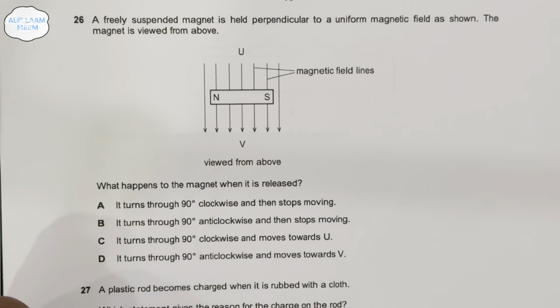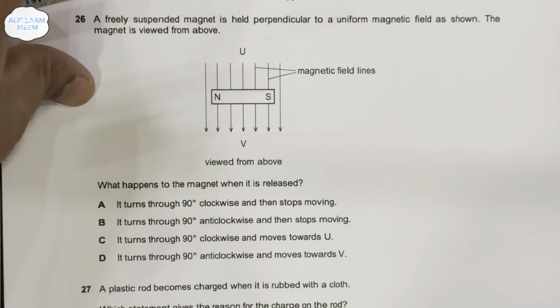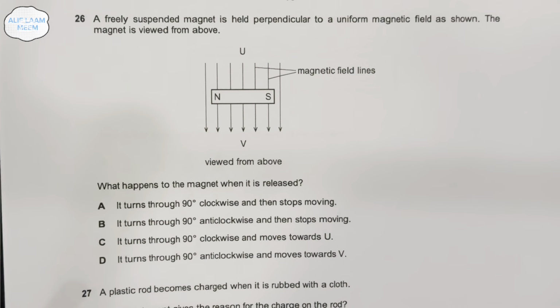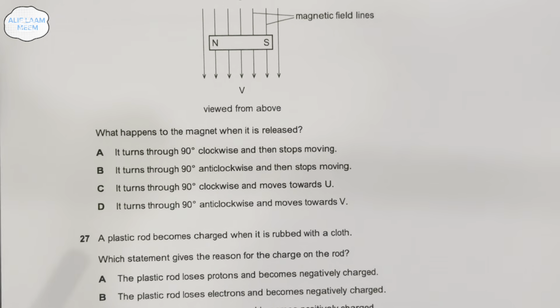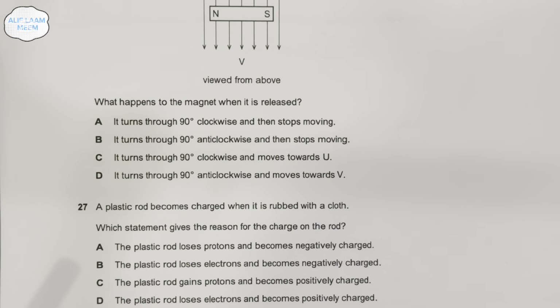Question 26: a freely suspended magnet is held perpendicular to a uniform magnetic field, as shown. The magnet is viewed from above. What happens to the magnet when it is released? Option A, it turns through 90 degrees clockwise.